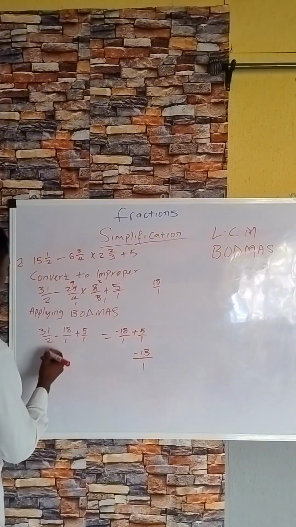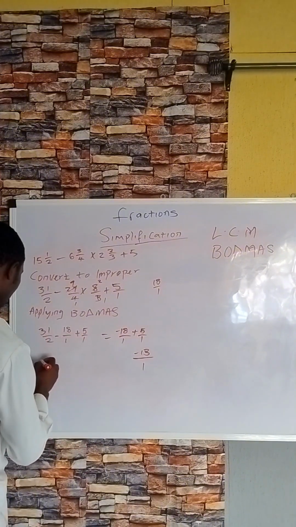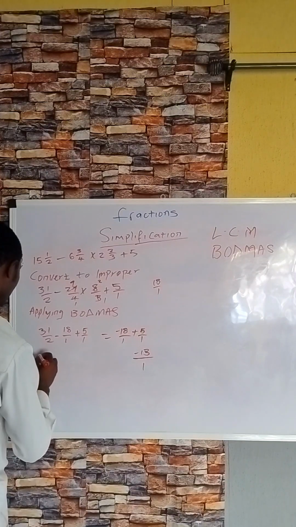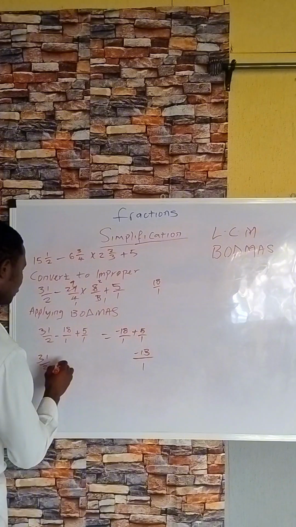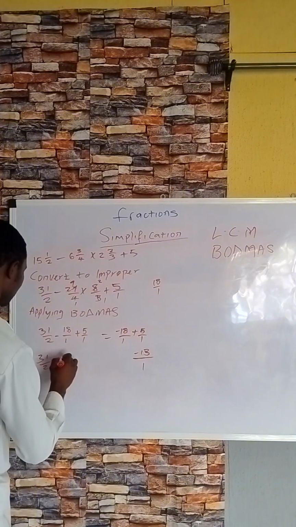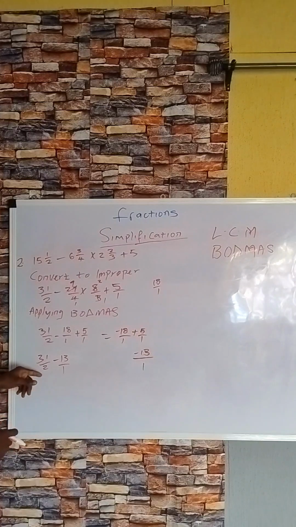So let's bring it back to our solving. So 31 over 2 minus 13 over 1. So the LCM of this is 2.